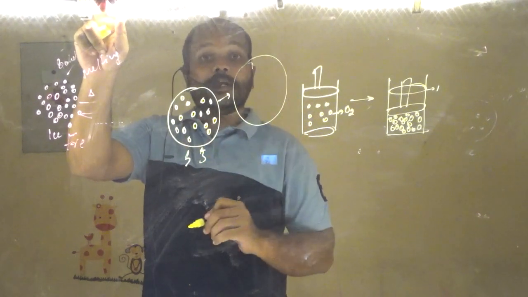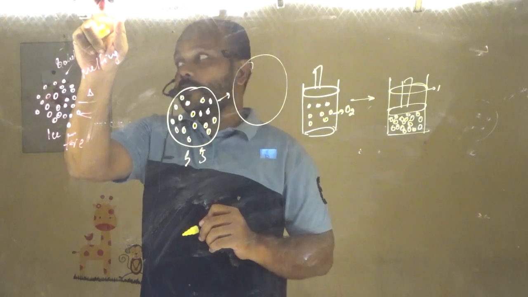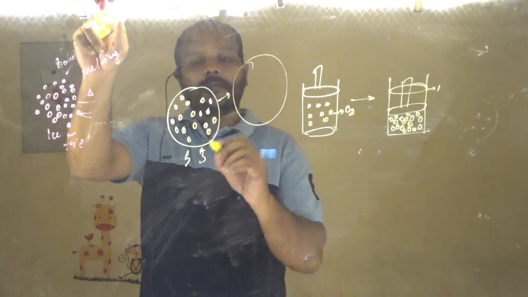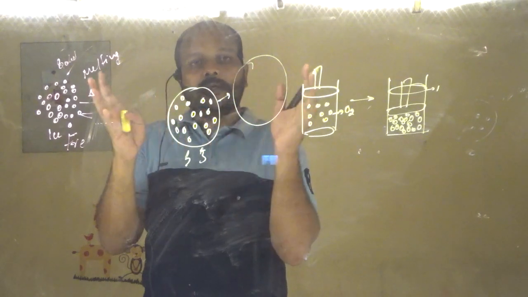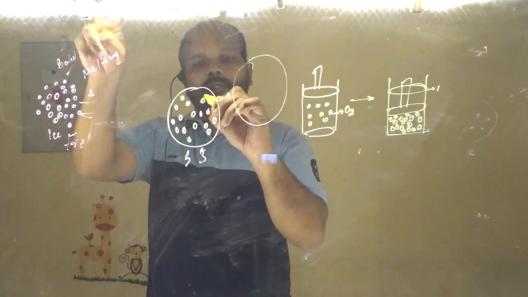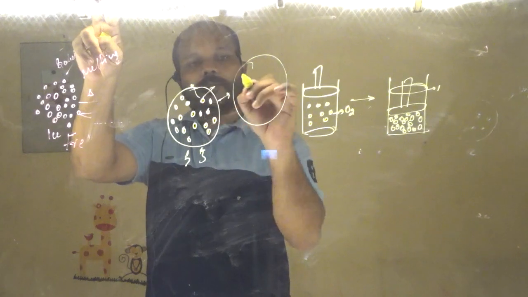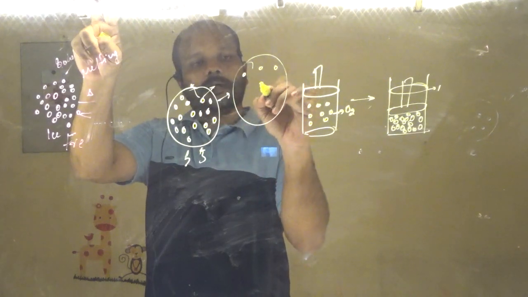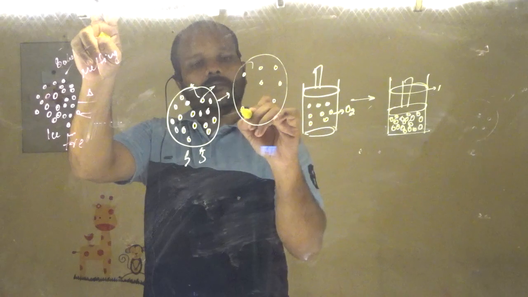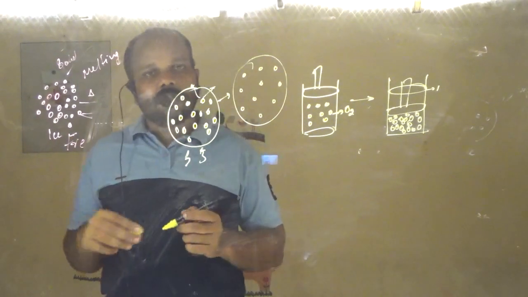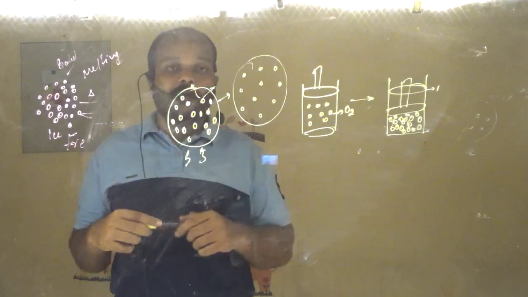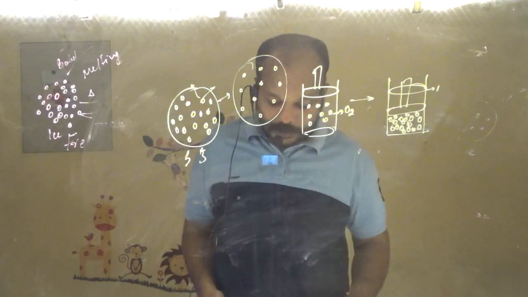These particles will acquire more energy, so they cannot occupy a smaller space. They will try to occupy a bigger space. They acquire the energy to move distant apart. So this is what happens when we are heating things.